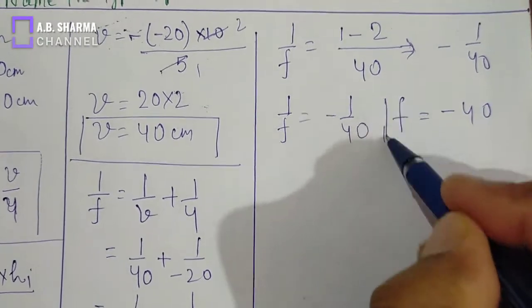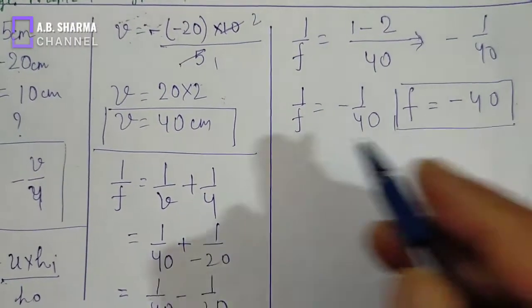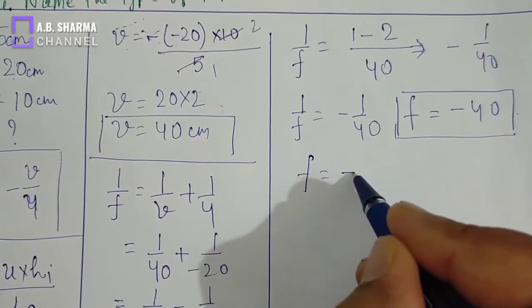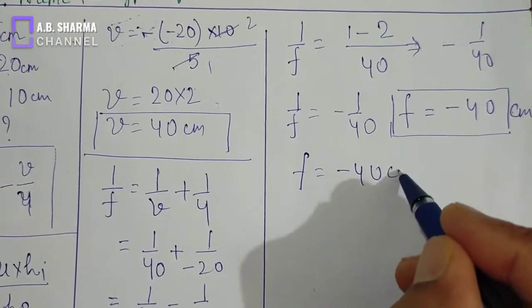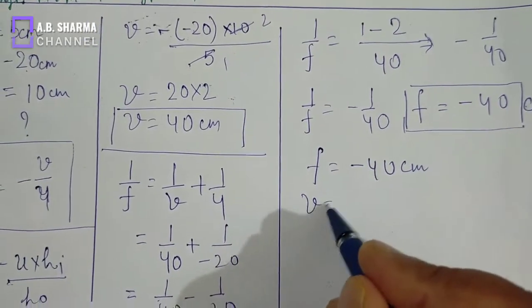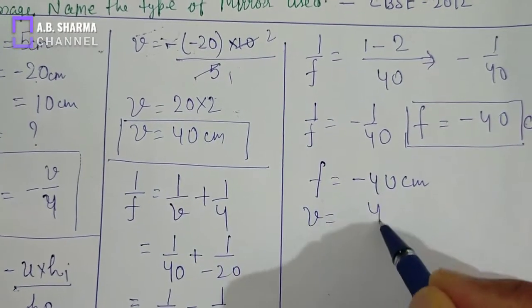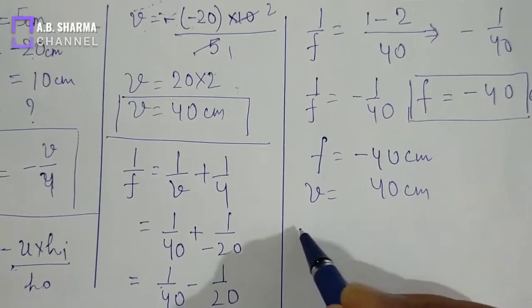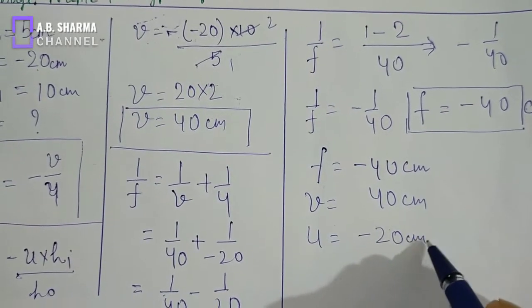So this is the focal length. F equals to minus 40 centimeter, v equals to 40 centimeter, and u equals to minus 20 centimeter.